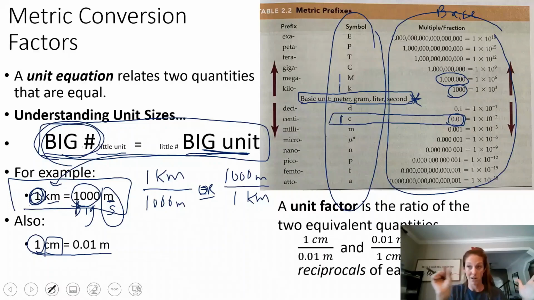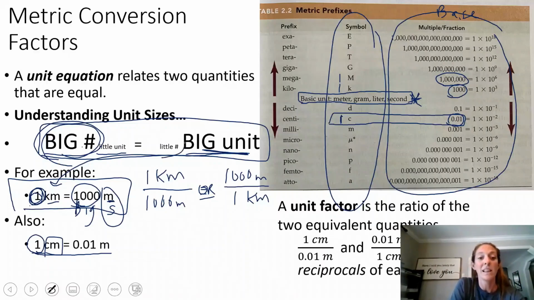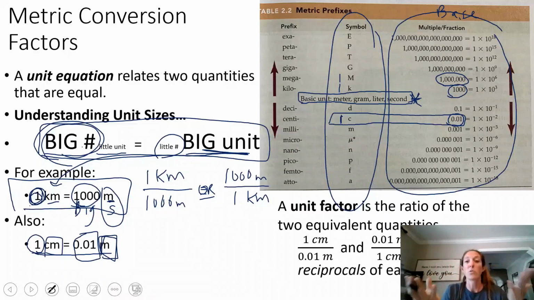There's a lot of centimeters in 1 meter, 100. Now, a little number like 0.01 is much smaller compared to 1, which means that meters is the much larger unit. So if I said, which one is larger, centimeters or meters? Meters is definitely the larger unit.